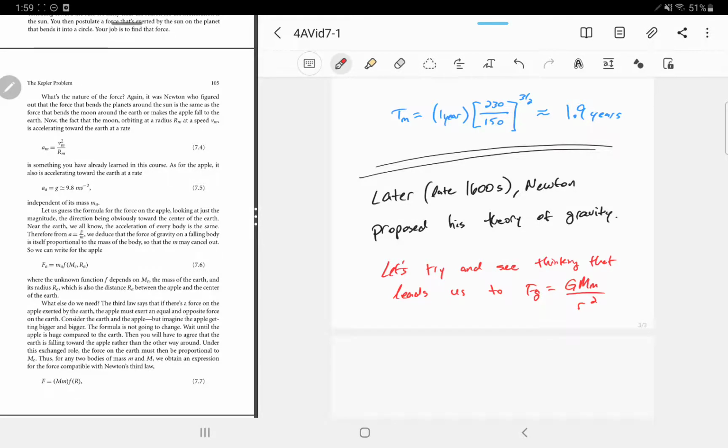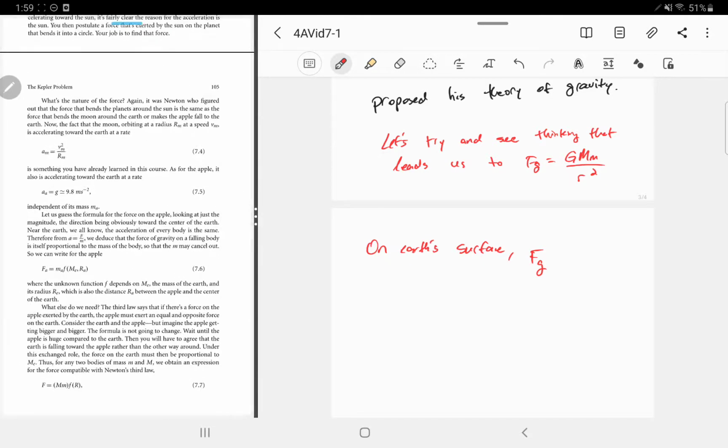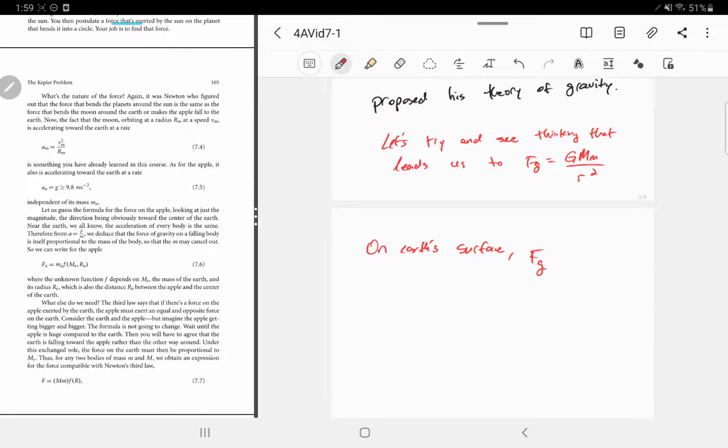Okay. So on Earth's surface, we know that the gravitational force on, like, an apple on the Earth's surface, that's what your book is using, is equal to the mass of that apple times some constant, g.